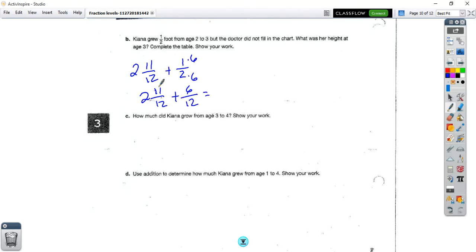So add these together, 2 and 11/12 plus 6/12 is going to be equal to 2 and 17/12. Well, if I simplify this, 12 goes into 17 one time, so this would be 2 plus 1, and there's 5 left over, so that would be 5/12. So this is equal to 3 and 5/12.